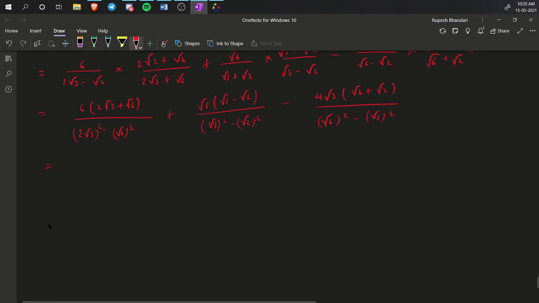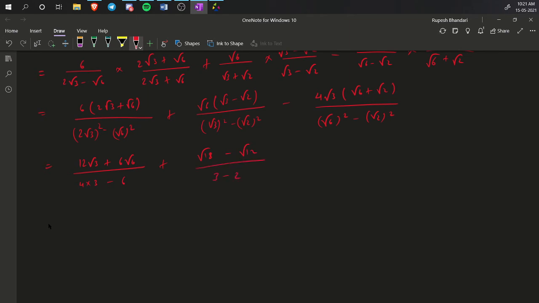Alright, let's just multiply. So 12 under root 3 plus 6 under root 6, and then this will be basically 4 into 3 minus 6. So 2 squared is 4, 3 squared will be 3, plus, and then what we have over here, under root 18 minus under root 12.